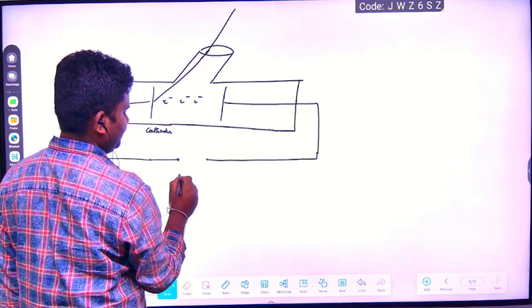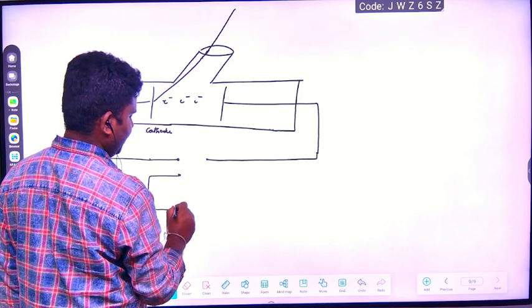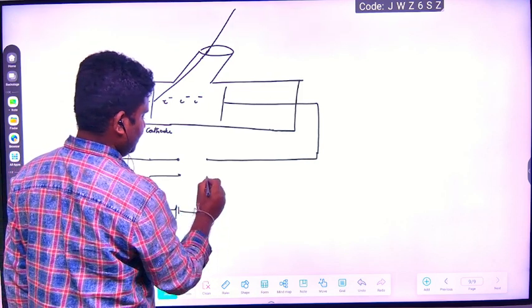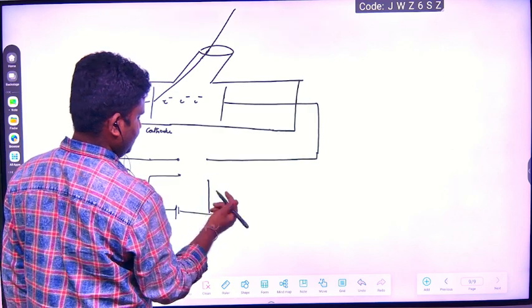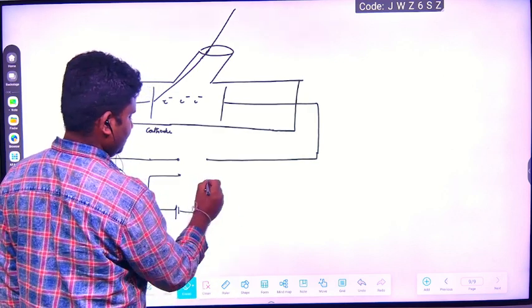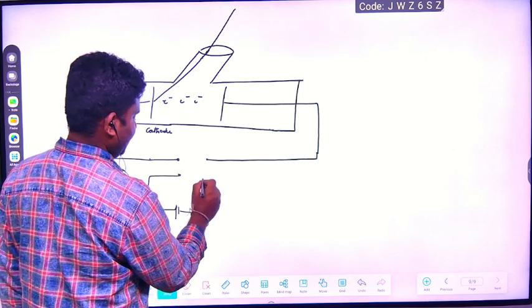Again it is connected to a battery. Last class I tried to explain it.